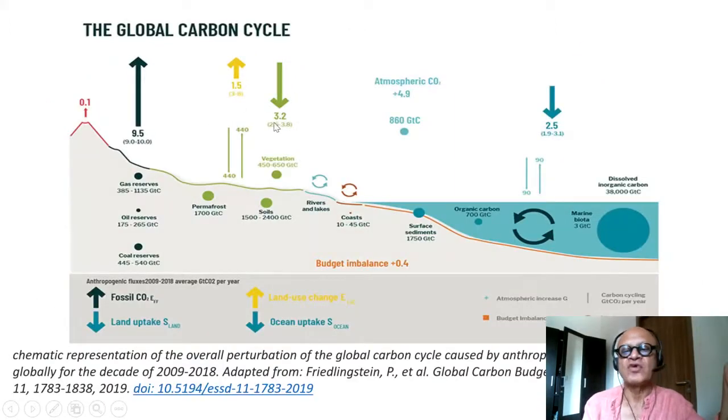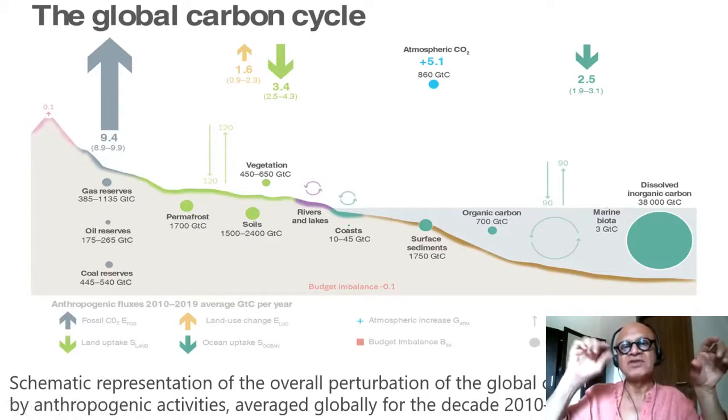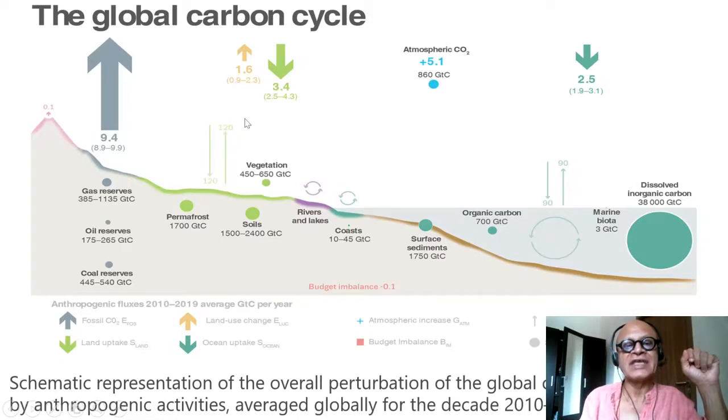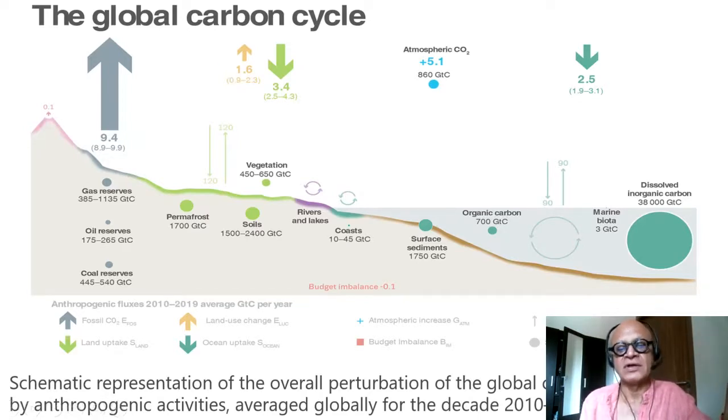The land has gone from 3.2 to 3.4, so there is some increased uptake in the land just by adding another year. The main thing to remember is that we are always looking for a small difference between large numbers. 90 in, 90 out with 2.5 globally averaged difference that is attributed to ocean uptake, and here similarly 120 in, 120 out, and 3.4 is a tiny fraction of that, with land use change like deforestation, urbanization, agricultural land conversion, and so on, emitting carbon from land.